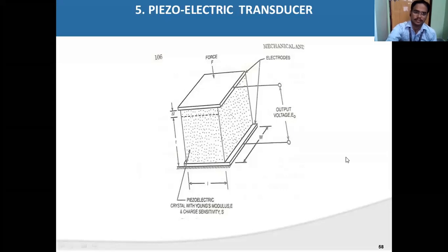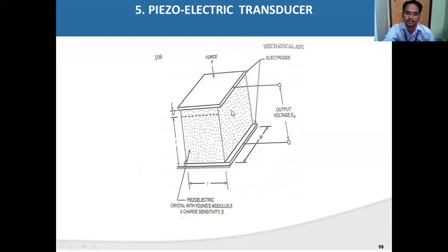So this is the picture of a piezoelectric transducer. Here, this is the piezoelectric crystal, the main part. On the application of the force, we will find dipole moments in the crystal.